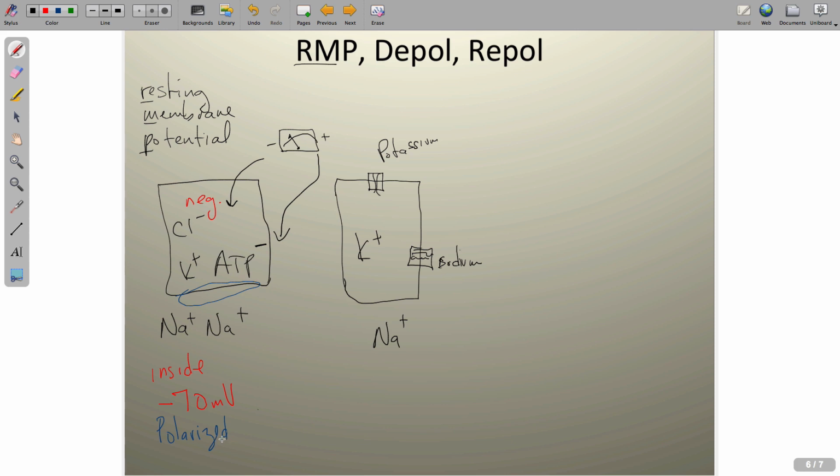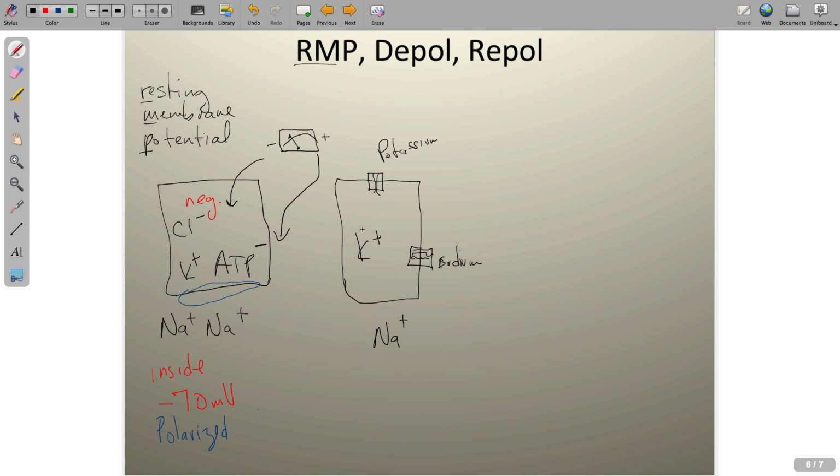So when this cell is at rest, it's polarized, it has achieved its resting membrane potential. If it is triggered, if there's a stimulus that touches this cell, that stimulus is going to trigger the opening of potassium and sodium channels. So when you open these channels, since there's a lot of potassium inside and none out here, we'll go back to diffusion. Remember, think of diffusion, and the movement of ions down their concentration gradient.